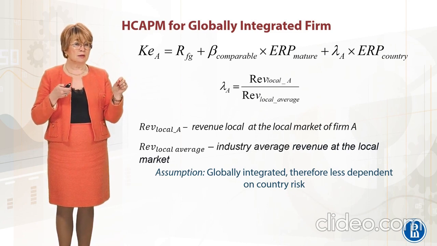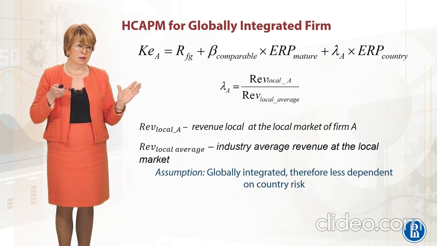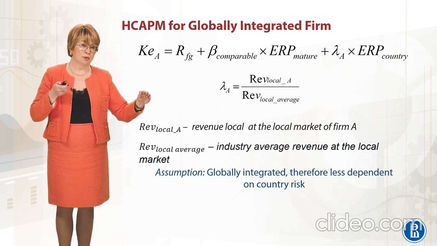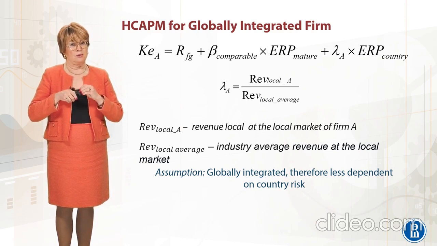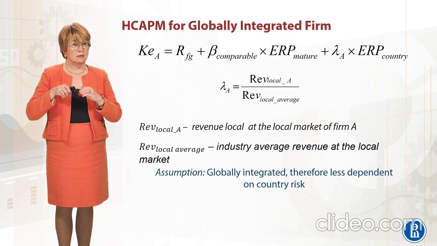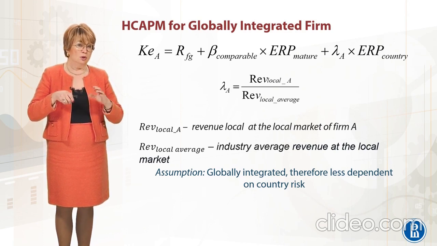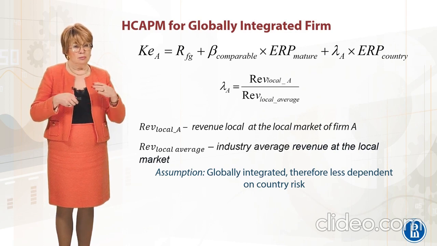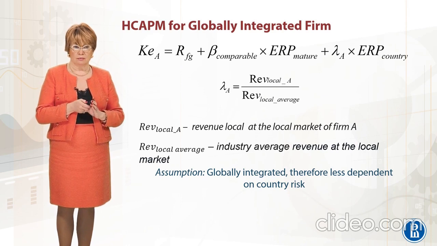It means that that company is producing some products which the company exports abroad, and the proportion of the revenue which the company earns selling the products here in the local market is lower than the proportion of export revenue from the foreign markets.